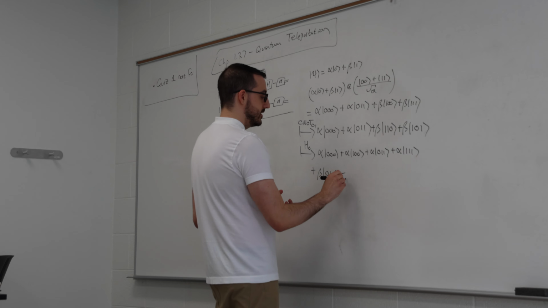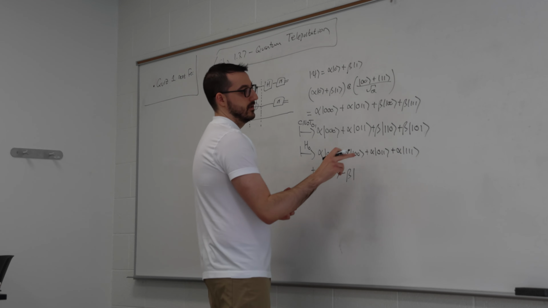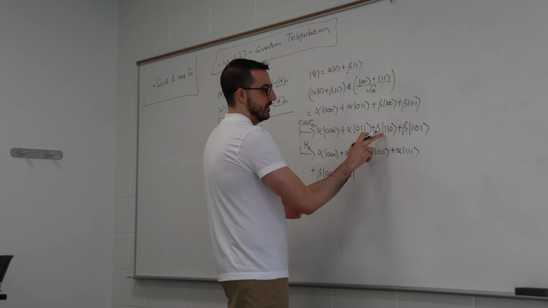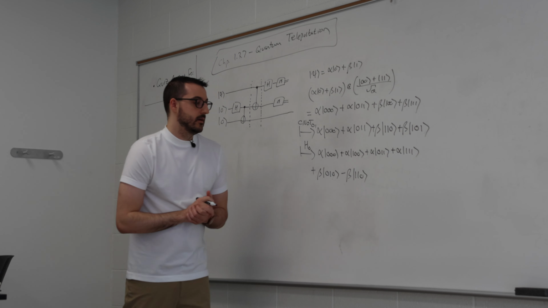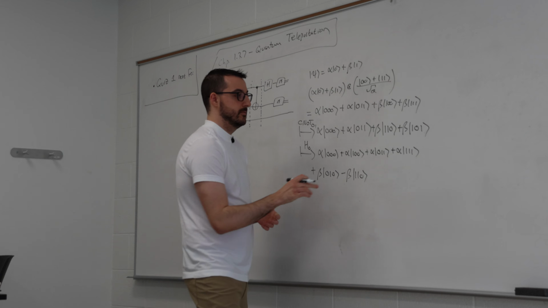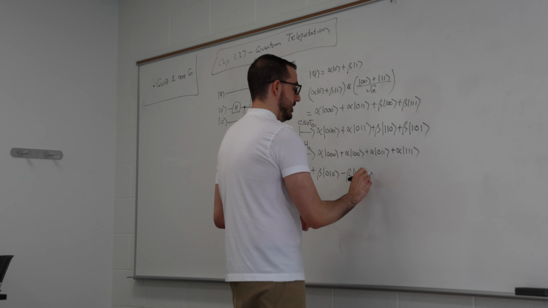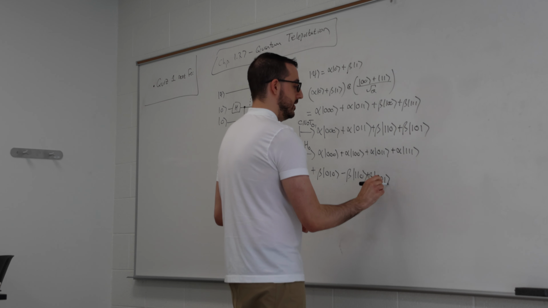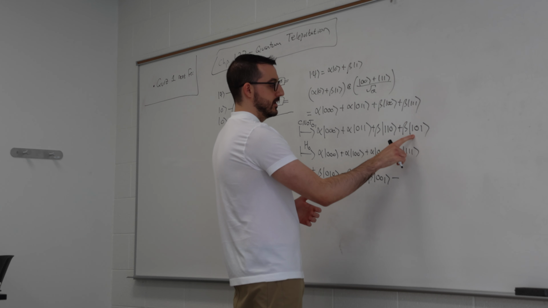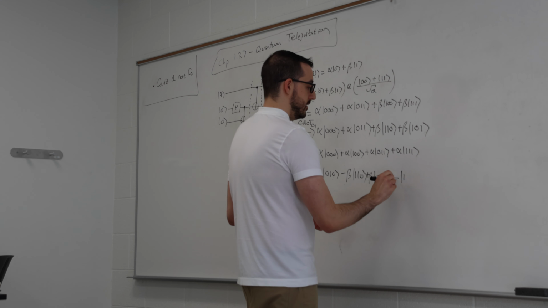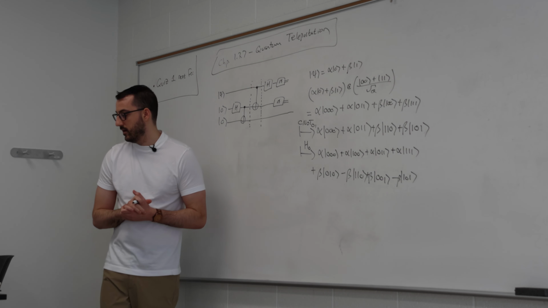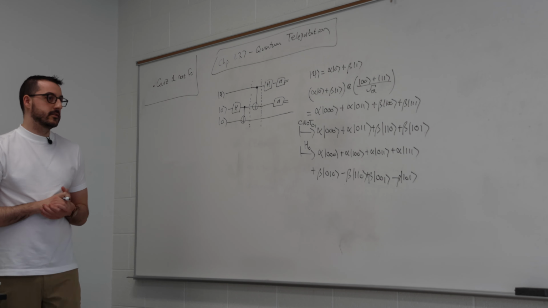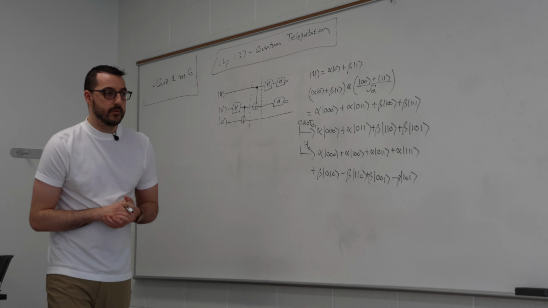And then I get a minus beta acting on 1, 1, 0. Now the last term will be similar. So I have a beta 0, 0, 1, minus sign because Hadamard acting on the 1 state, 1, 0, 1. All right, so these are the 8 terms that we end up with.